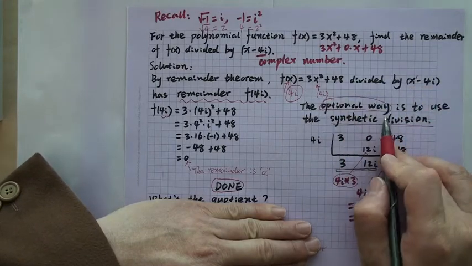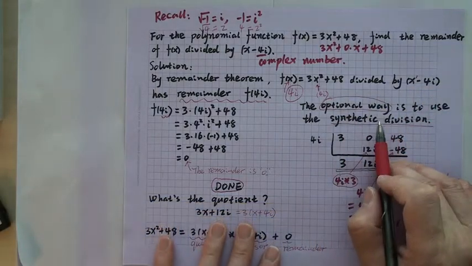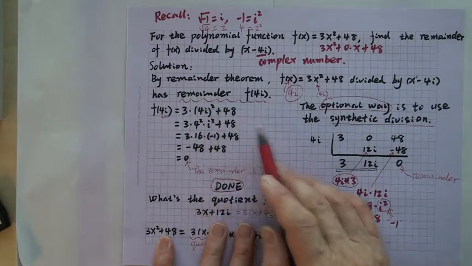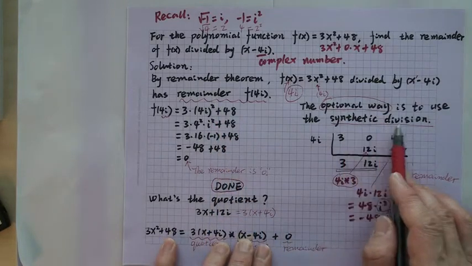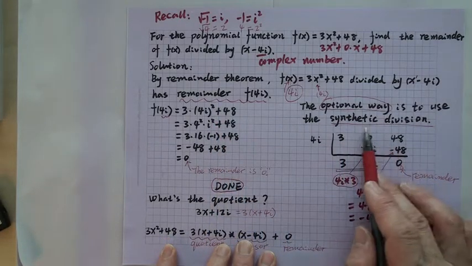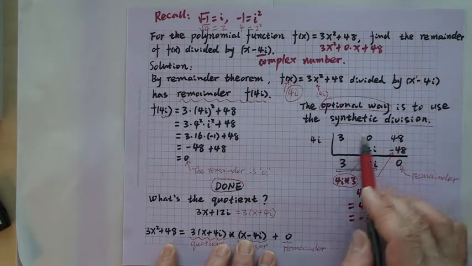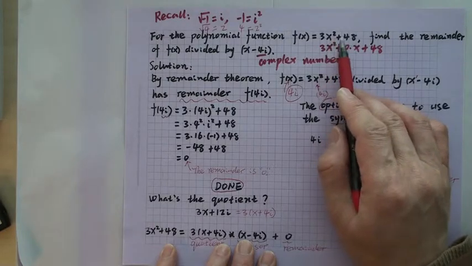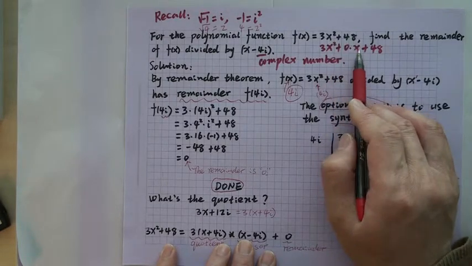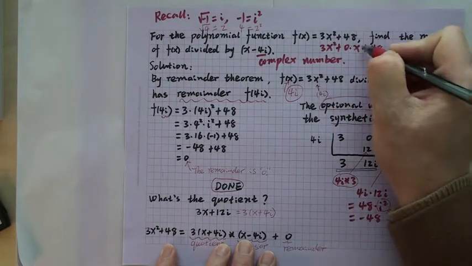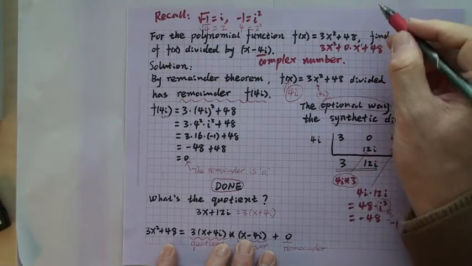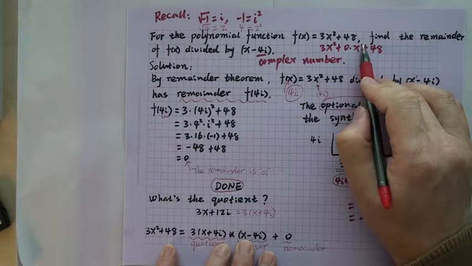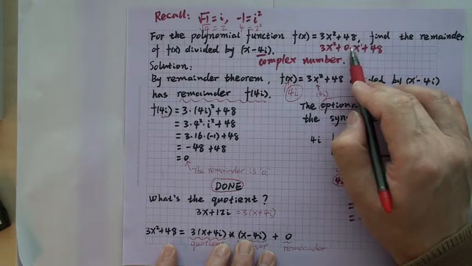There is an optional way to find the remainder, which is by using synthetic division. The synthetic division works in this way. 3x squared plus 48, and the coefficient of x is 0.